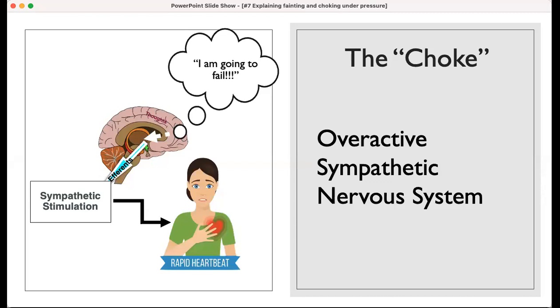This is the choke, when your sympathetic nervous system is starting to get overactive. And that's when you're taking a test or you're competing and you're at the tennis court and you're feeling this just overwhelming thoughts and you feel your heart going too fast, your hands are trembling, your palms are sweaty. This is a sympathetic stimulation.